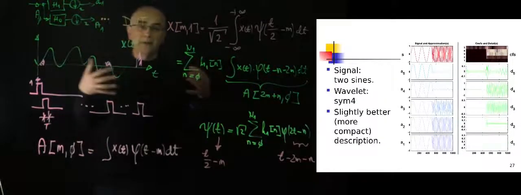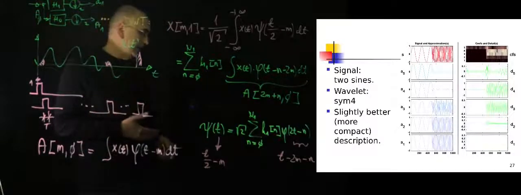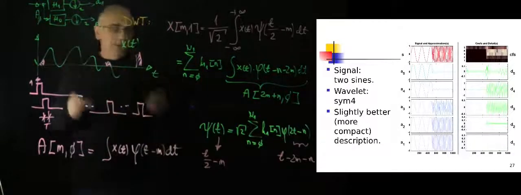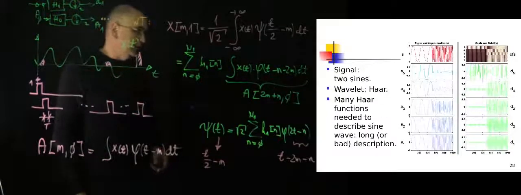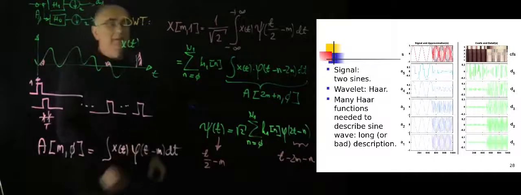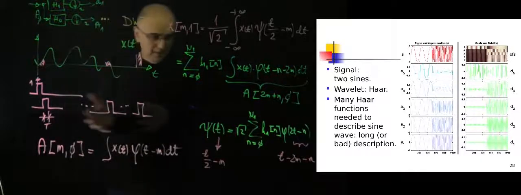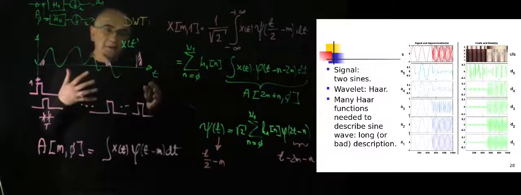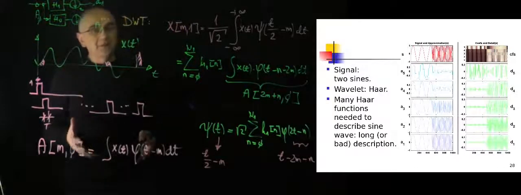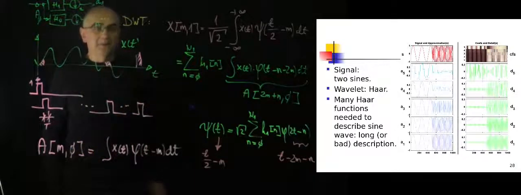If the filters have more symmetry in their impulse response, it is a little bit better description in the wavelet domain. And finally, if we use the Haar wavelet, like in my example, we are going to get some kind of reverse Gibbs phenomenon.